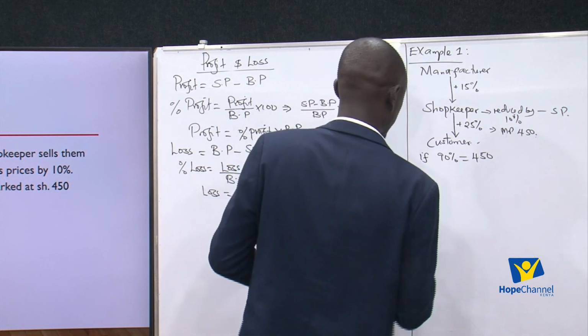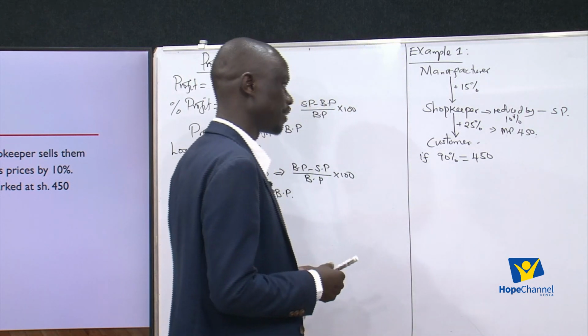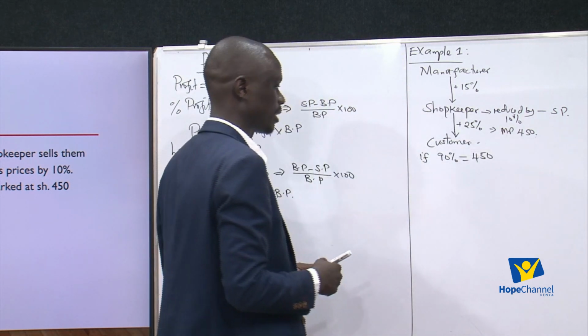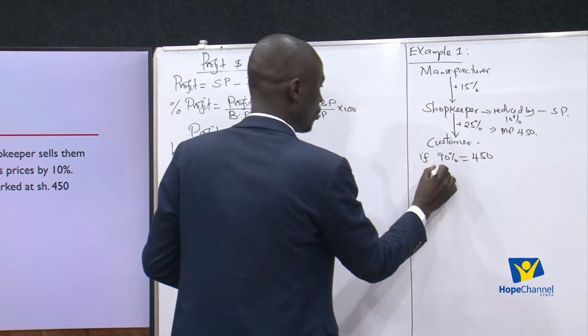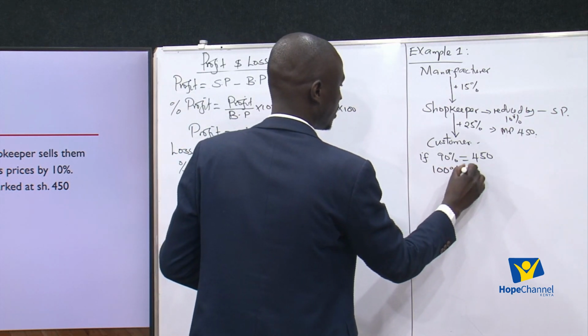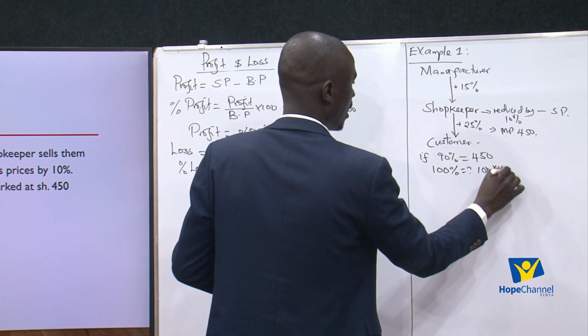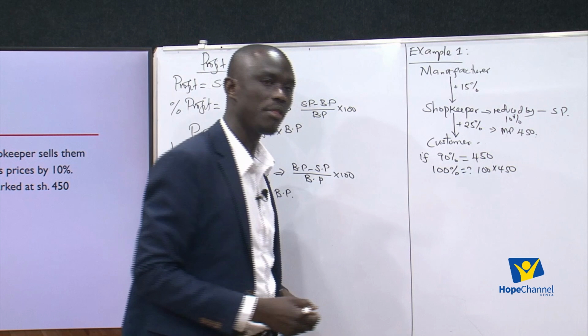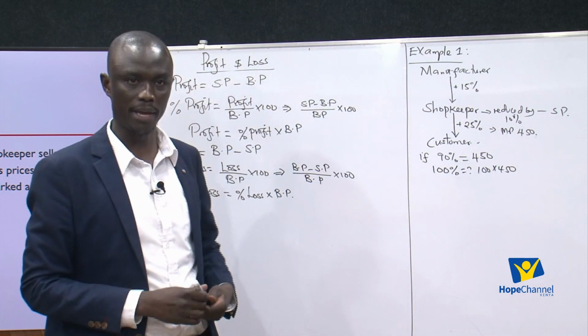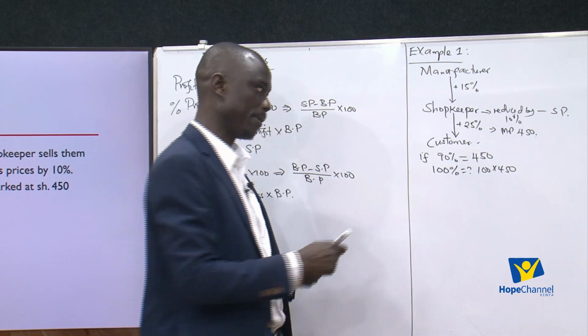So 90% is equal to 450, because that is what it was marked. So what about 100%? It will be 100 times 450 divided by 90, so that we can know the original selling price of the shopkeeper.